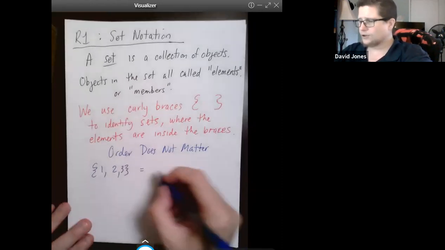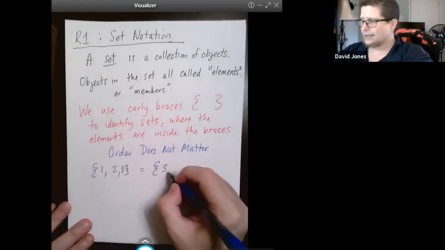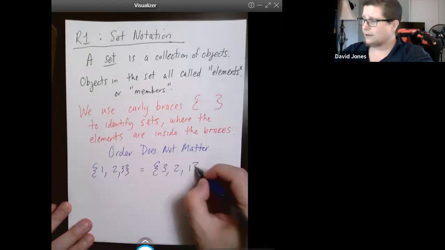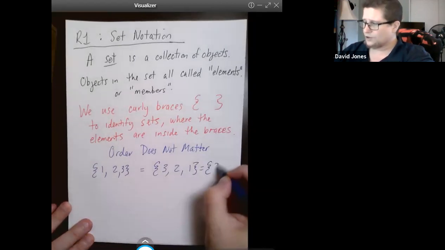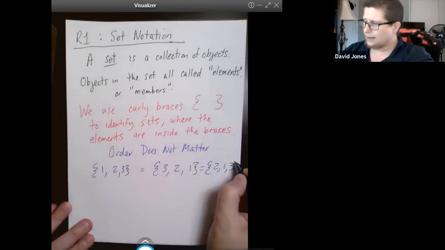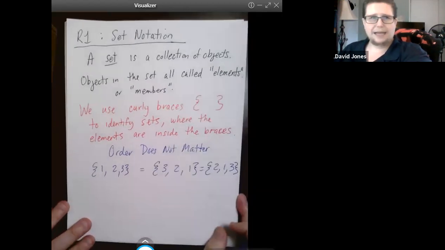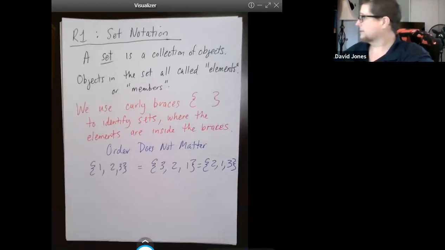But I can also describe that as {3, 2, 1}, or I could say {2, 1, 3}. Any of those setups will work. The order is not important. And so that's how we write sets.